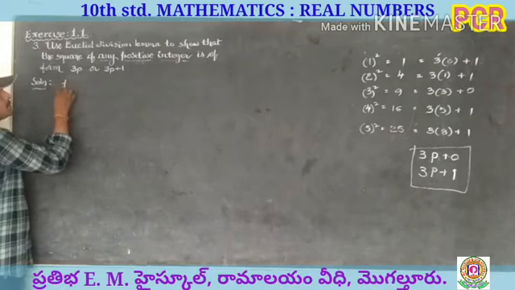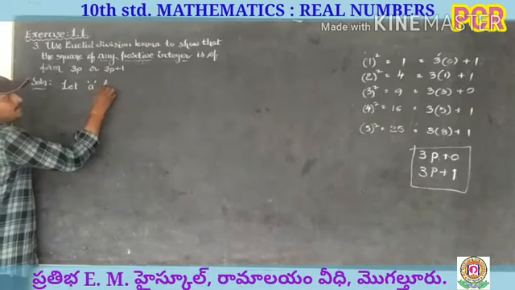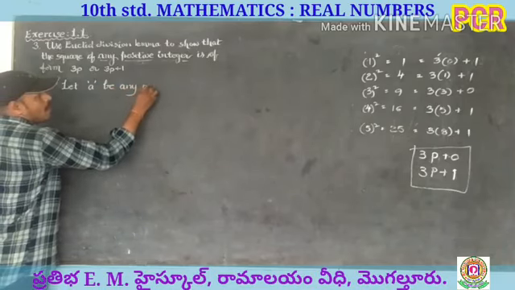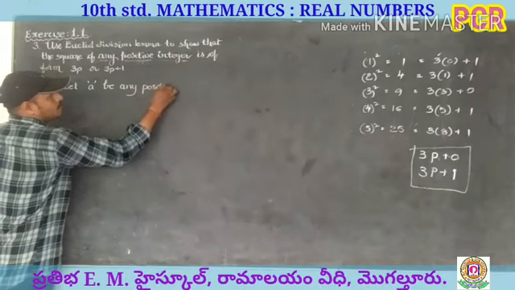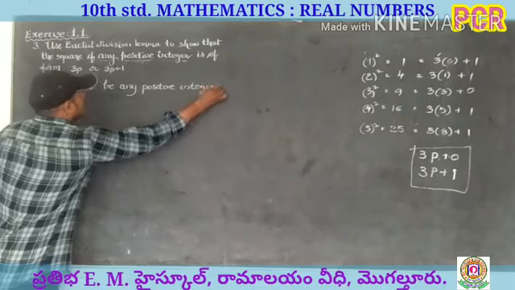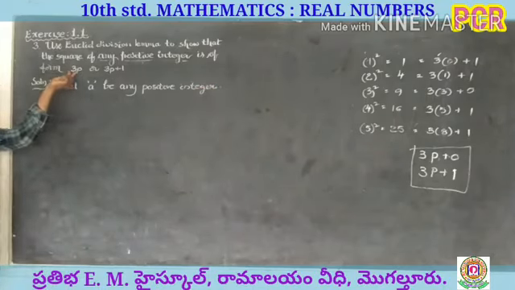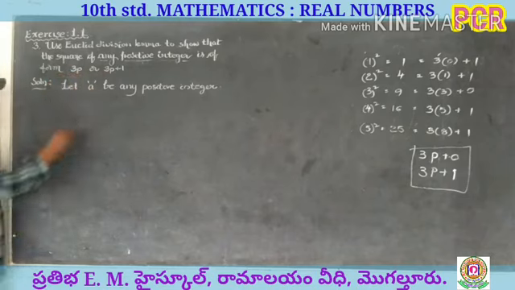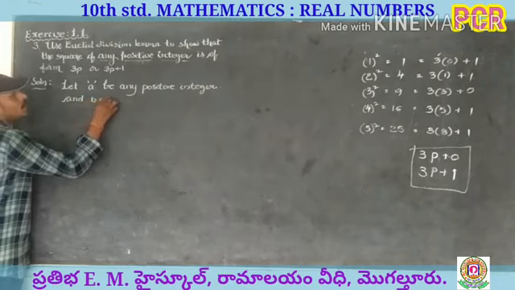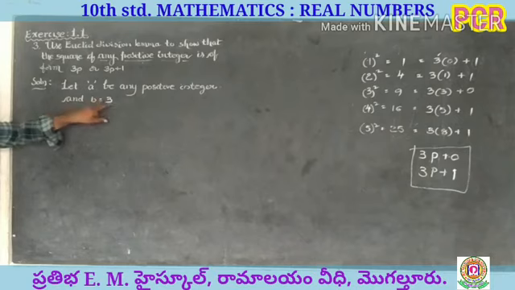Let a be any positive integer, and 3 is taken as divisor. That means b is equal to 3. So a is any positive integer, b is equal to 3.